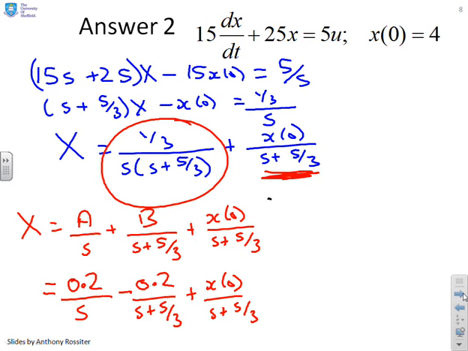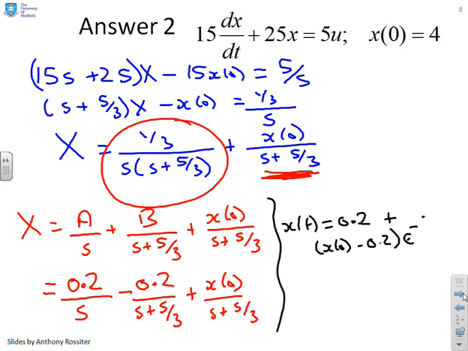So if I write it over here, I've now got x of t equals 0.2 plus x of 0 minus 0.2 into e to the minus 5 over 3 t.